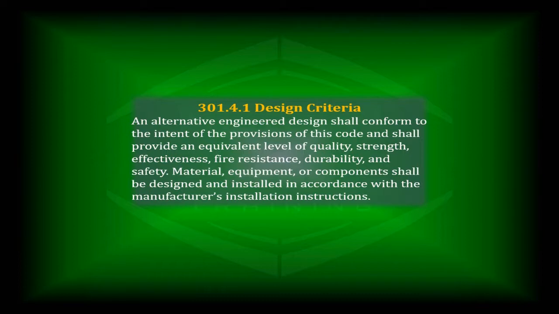Well, if it's not in the code, if it's an alternative engineered design, well, then what does the code official have to look at to know that the thing's even working right or installed correctly? They don't have anything except the manufacturer's installation guidelines. Your word is not going to suffice when all that's on the line deals with safety and public welfare. So you got to make sure that the installation guidelines are on site.